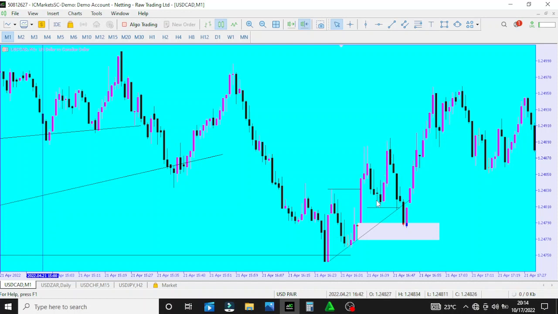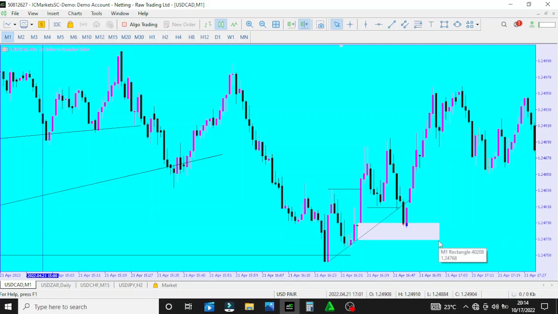And later on, it created this inducement and this momentum trend line. And this is the last demand that is left unmitigated. Guys, at this point, we have to see how fractal markets are.